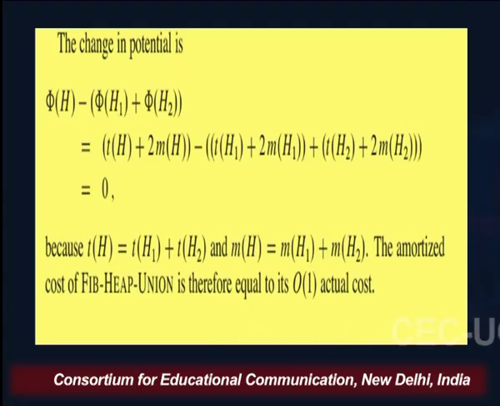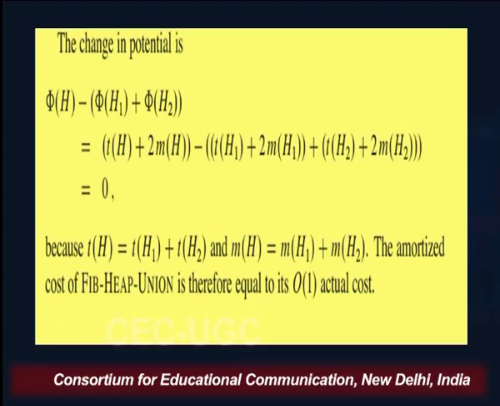Now please take a look carefully: we have not changed any of the marked nodes in the uniting procedure, because they were not explicitly involved in uniting the two Fibonacci heaps. So there is no change in terms of marked nodes.